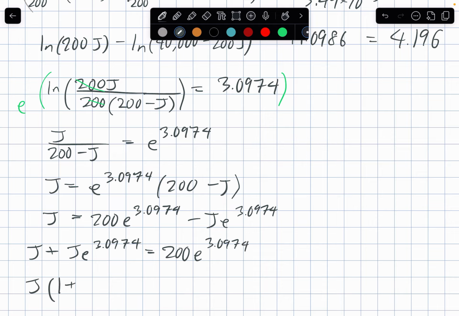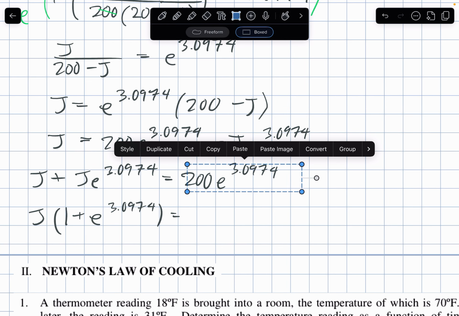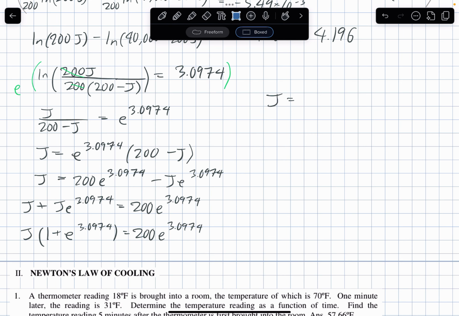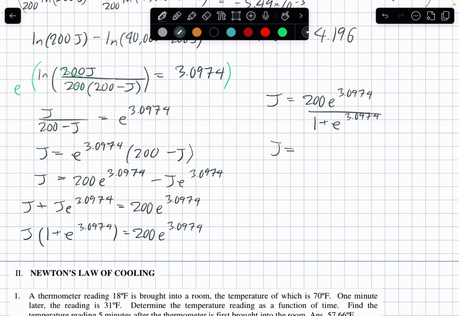Factor out j. Writing fatigue. Let me just duplicate that. Okay. J is equal to this divided by this. Okay, calculate. 200e raised to 3.0974 over 1 plus e raised to 3.0974.